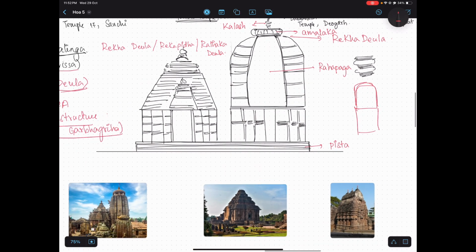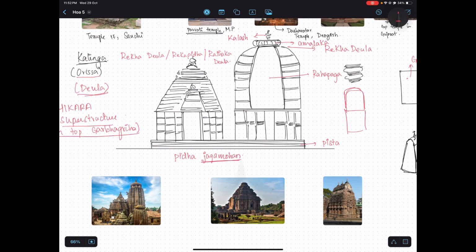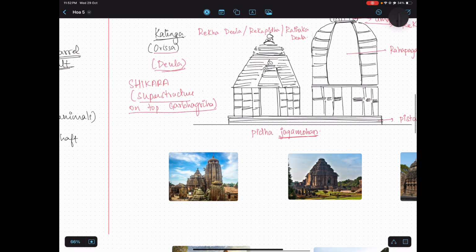And this is your Pida Jagamohana. Now Pida Jagamohana is a hall for worshippers. I'll write that here.